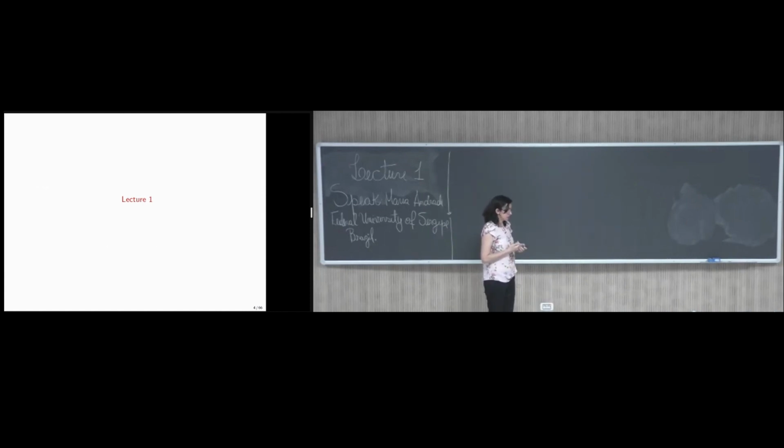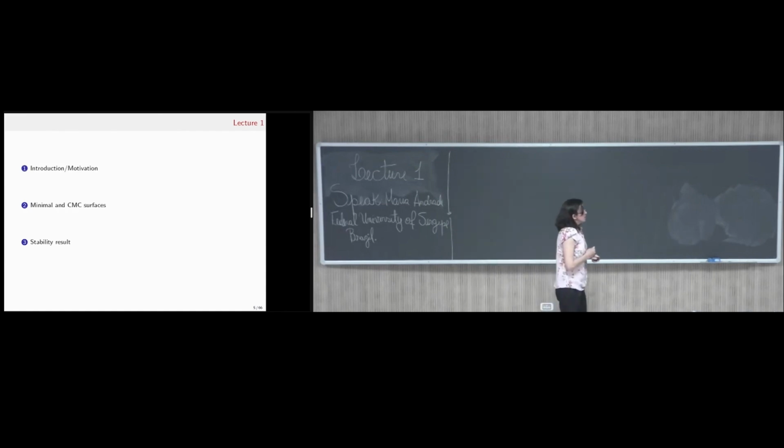In this lecture, I give some introduction and motivation to study differential geometry. After, we talk about minimal and CMC surfaces, and finally we'll talk about stability results. Remember, all these topics are classical results, okay? In this moment, I don't talk about free boundary results. If I have time, I talk about the free boundary results today, okay?